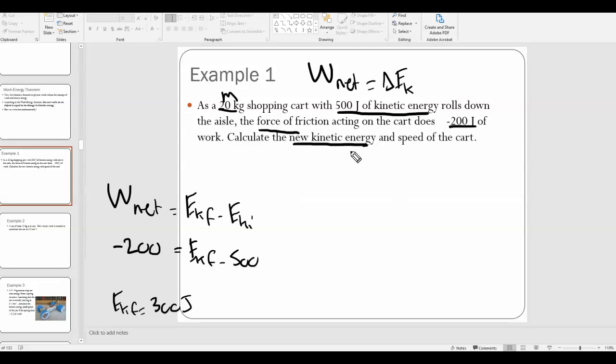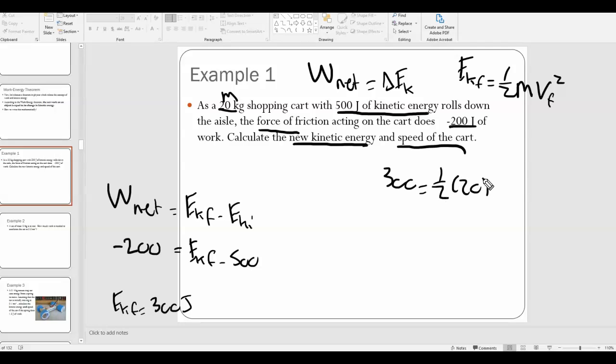Okay, so if we want the new speed of the cart, now we have to actually bust out the kinetic energy equation because its kinetic energy is 1/2 mv squared. So the final kinetic energy would be 1/2 m v final squared. And so now that I know EK final is 300, I can plug in 1/2, the mass is 20, I'm looking for v final squared, and I just do a little algebra to answer the question.